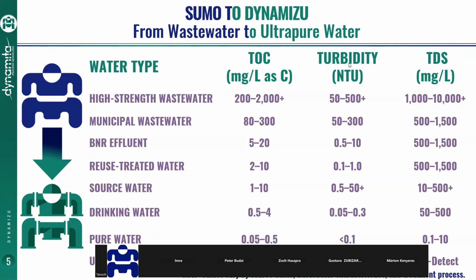And then as we go from wastewater to reuse application to pure water and ultimately ultra pure water, the water treatment requirements become stricter and stricter. And this is where it requires a new set of tools, new set of process units, new model which can handle those tricky situations. And that's where DYNAMIZU comes into play.